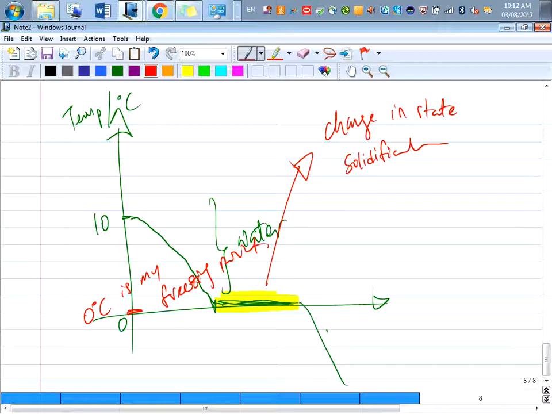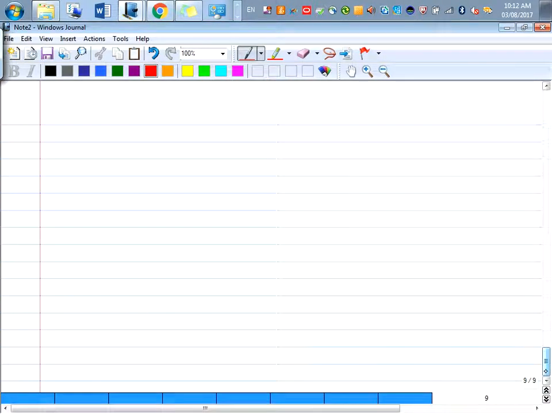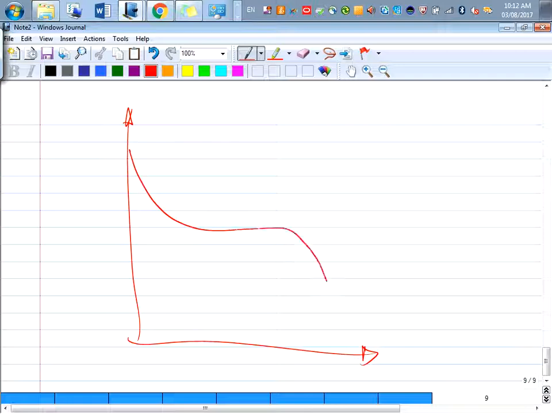So the graph of a different substance that is undergoing solidification could be as such. It's time and temperature. So let's say this is 85, this is 70, and this is 0.